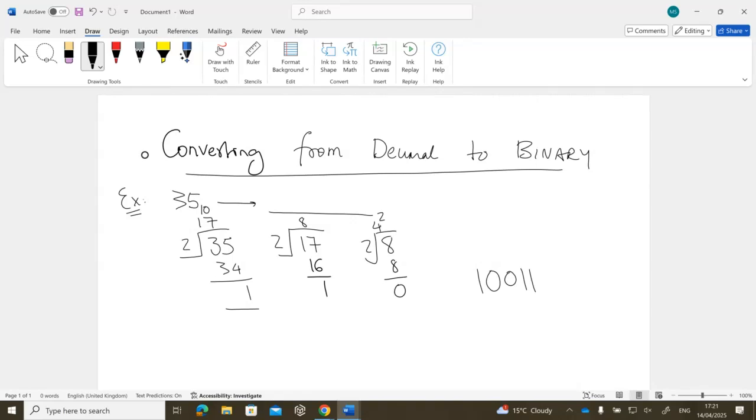You get 100011. So it means 35 in base 10 is 100011 in binary. When you type 35 in the computer, it understands 100011, because the computer only understands binary code.